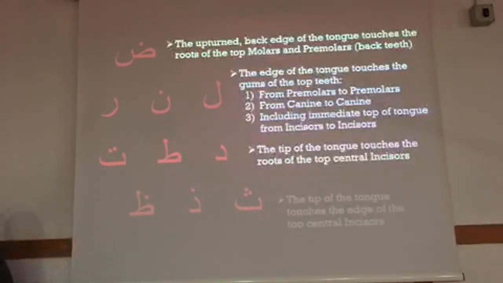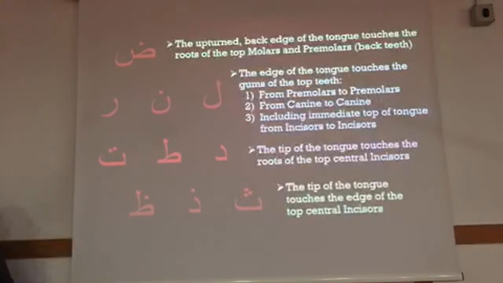What is the correct makhraj? The tip of the tongue touches the edge of the top central incisors. So basically, the tip of the tongue touches the edge of the front two teeth. You're biting your tongue.